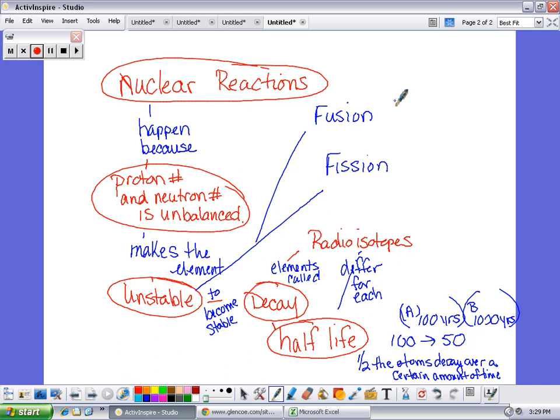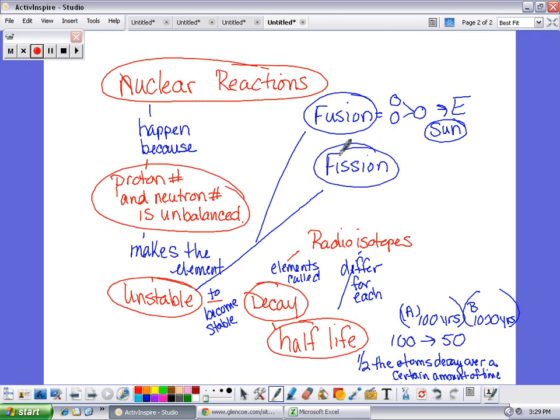Fusion, when you fuse something together, you take two things and make them one. So you combine two things to create one, and this releases lots of energy. And this occurs in the sun. So this happens, and lots of energy in the form of heat and light are given off.